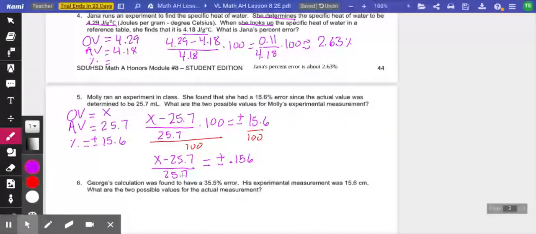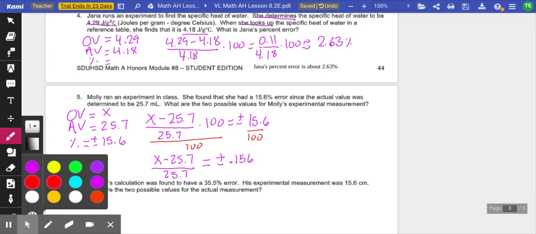I have to get rid of that divide by 25.7. So on both sides, I'm going to multiply by 25.7. Okay, on this side, these cancel out. And I just get my x minus 25.7.